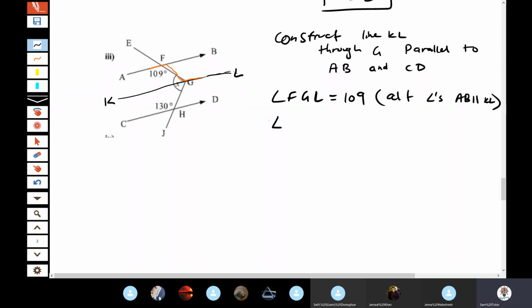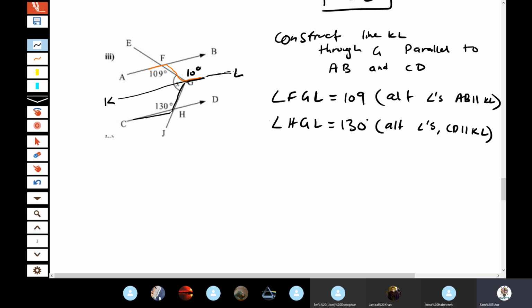Angle HGL equals 130 degrees. Same reason. Also alternate. CD parallel KL, or DC parallel KL.